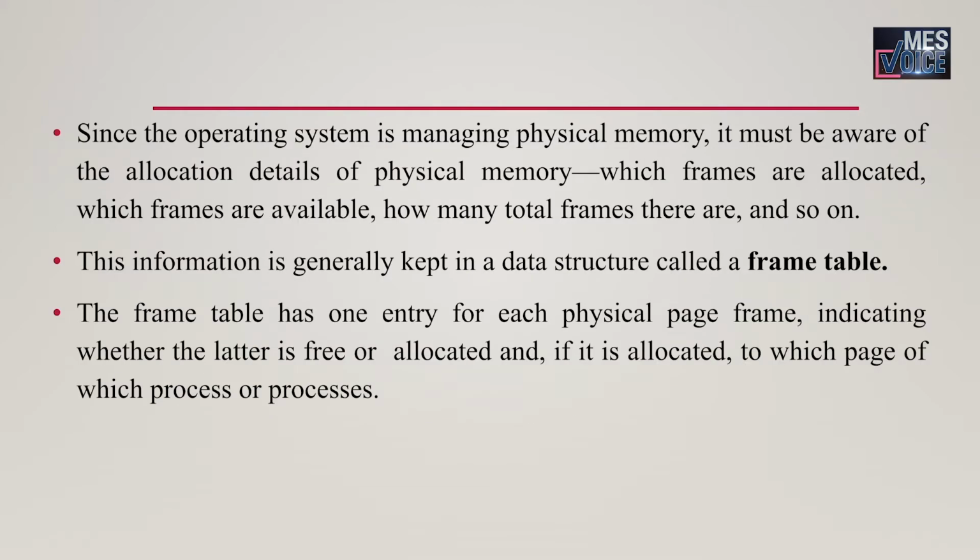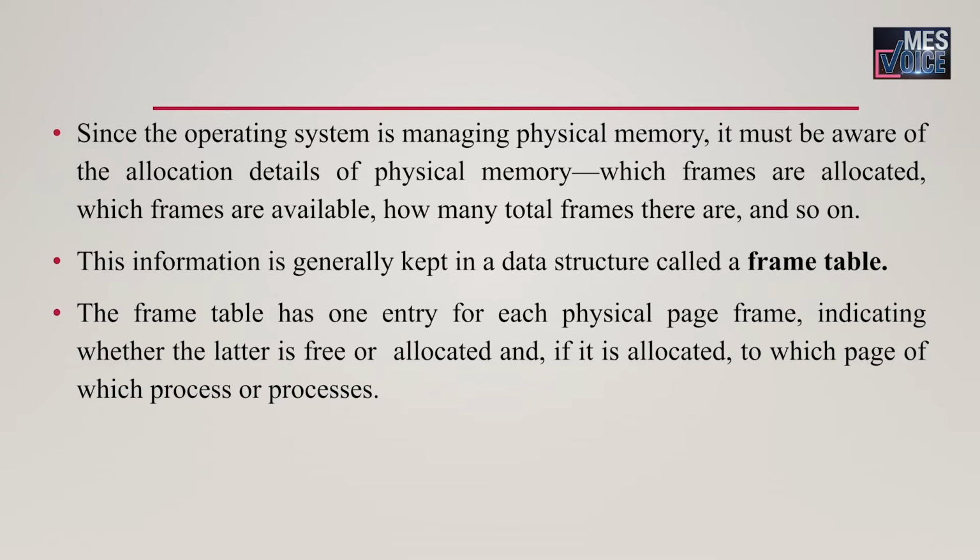So, as we know, the operating system is managing the physical memory, so the operating system must be aware of the allocation details of physical memory. That means which frames are allocated, which frames are free, and in total how many frames there are, etc. This information is kept in a data structure called a frame table.